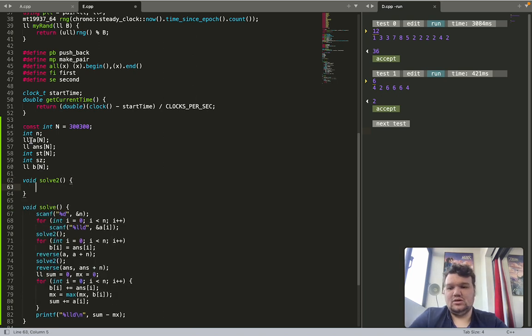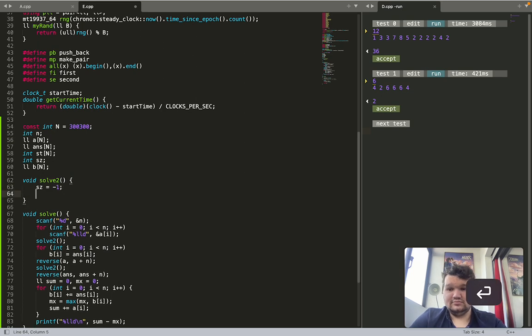Solve 2. For each position, we want to calculate the sum of those decreasing sequences, and I want to maintain a strictly increasing stack of values ai minus i and maintain answers.